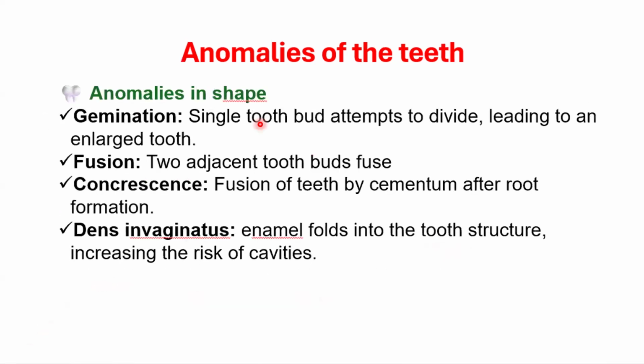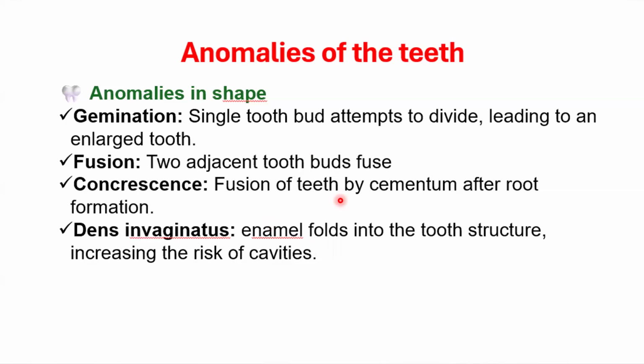In addition to that, we'll have anomalies in terms of shape: gemination, fusion, concrescence, and then dens invaginatus. So in dens invaginatus, we'll have an issue during the invagination stage, where the enamel folding wasn't normal. It was abnormal, giving you dens invaginatus.